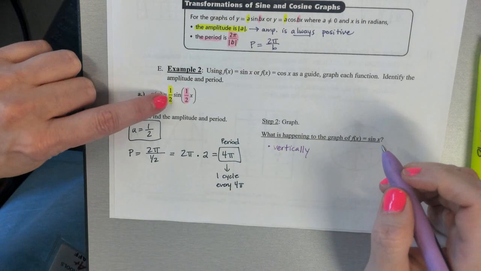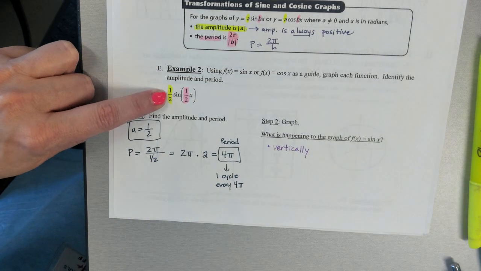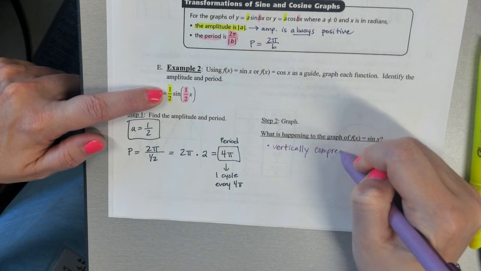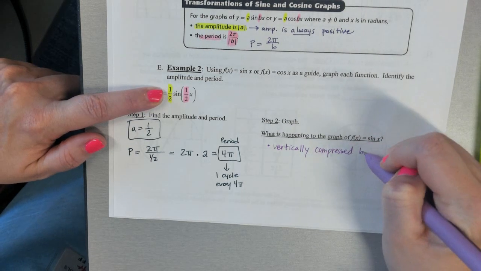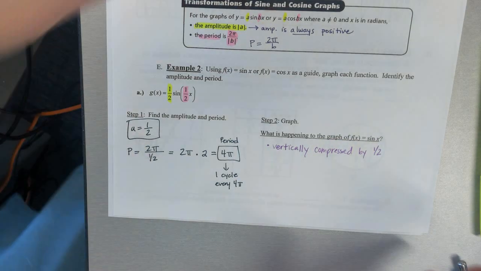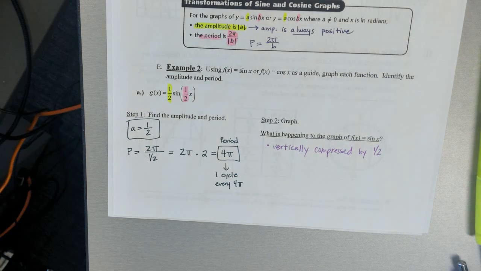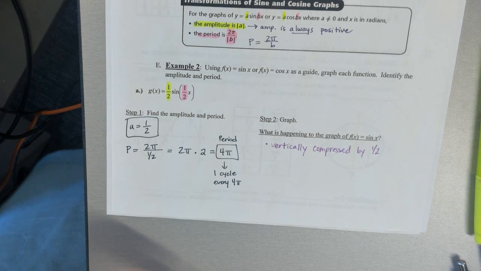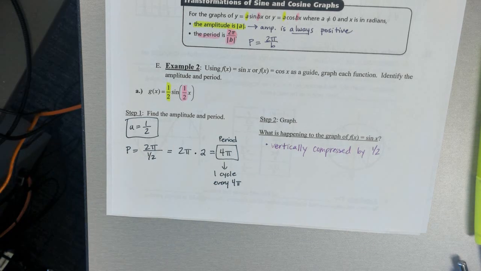It's on the outside, it's 1/2. It's a fraction, right? So vertically compressed by 1/2. What that means is vertically it is being compacted. When you have this amplitude of 1/2, that's going to change the maximum value. We're going to talk about that.